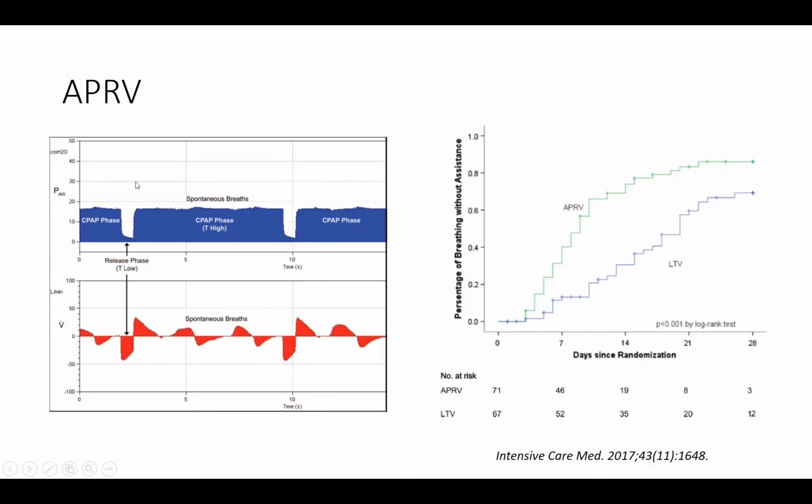The idea behind it is that because you're giving them such a high pressure at baseline, you are recruiting a lot of alveolar units, so their oxygenation is preserved. You rely on these two mechanisms for ventilation, so you clear enough CO2, but your focus, as is often the case with ARDS, is on oxygenation. So it's a mode that focuses on recruiting as much as possible.